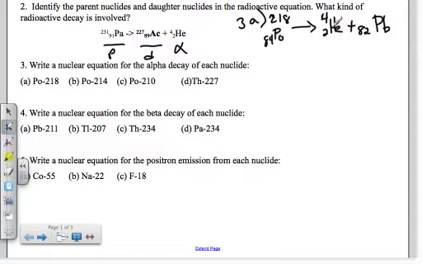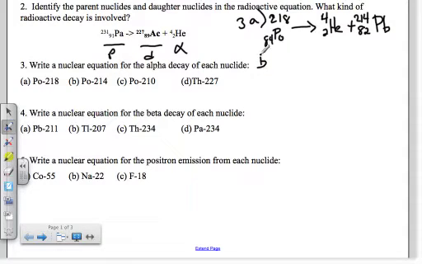And the mass number for this daughter nuclide is going to be 218 minus 4, or 214. So again, these mass numbers, 214 and 4, add up to 218, 82 and 2 add up to 84, and that's how you figure these out, by looking at those mass numbers and atomic numbers.